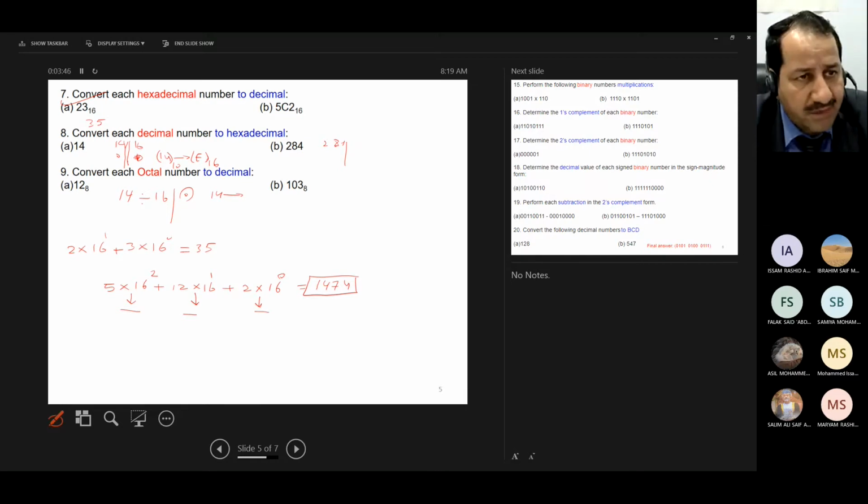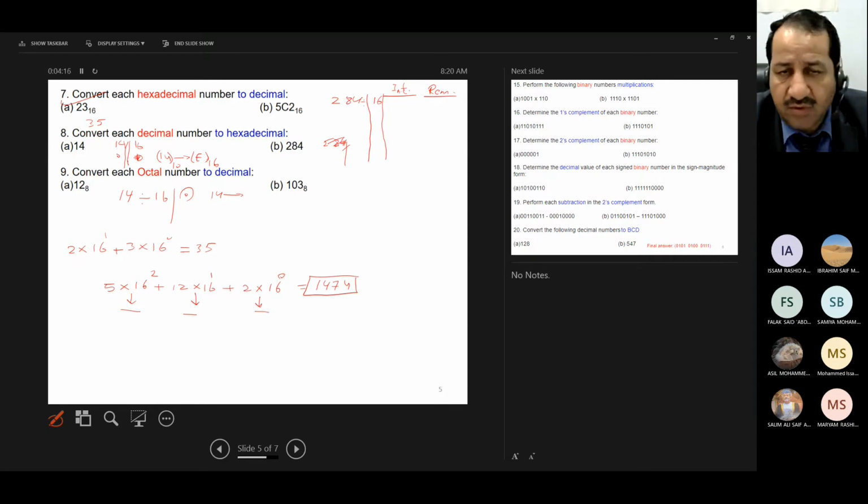But let me work in the same way as in week number 1. 284 divided by 16. Here is the integer, here is the remainder.